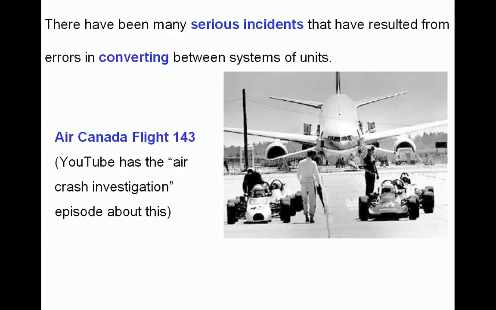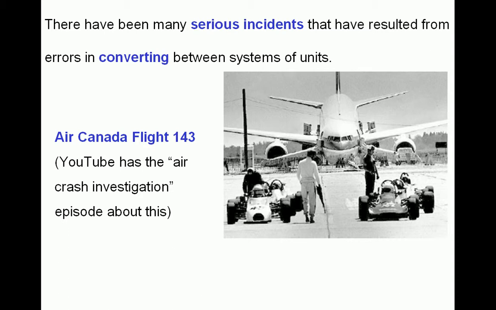There are a couple of examples where some fairly serious incidents have resulted from errors in converting between systems of units. One example here is the Gimli Glider, where there was a confusion between pounds of fuel and kilograms of fuel, which was very unfortunate because a kilogram is more than twice the mass of a pound, and so this plane ended up running out of fuel and had to glide into the former Air Force base at Gimli, which had been converted into a raceway.